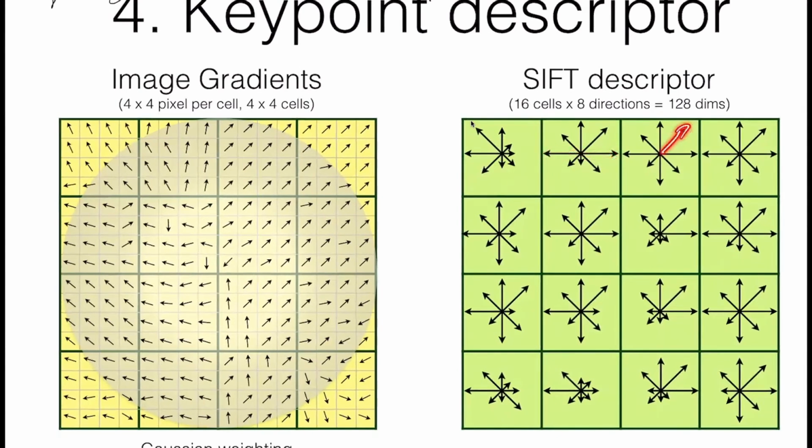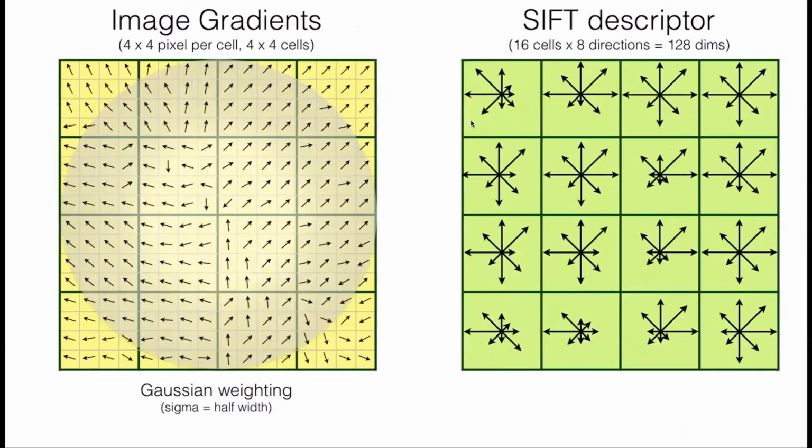Here we have mostly this one, and so on and so forth. So you have 16 by 8 dimensions that describe our particular key point. And for one image, we can have several key points, and those key points will be used as all the points of interest in our images.